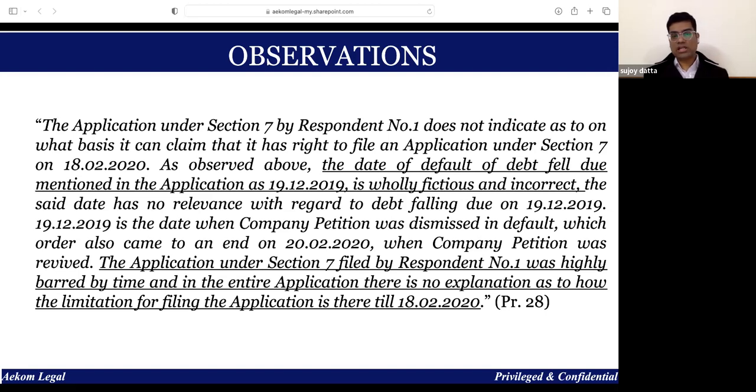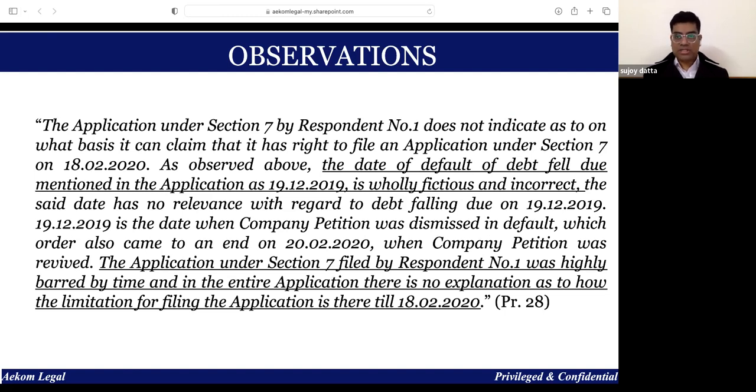The said date has no relevance with regard to debt falling due on 19 December 2019. That is the date when company petition was dismissed in default, which order also came to an end in February 2020 when company petition was revived. The application was highly barred by time, and in the entire application, there is no explanation as to how the limitation for filing the application is there till 18th of February 2020.